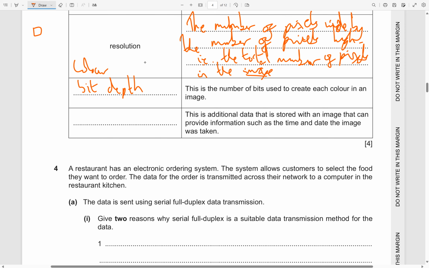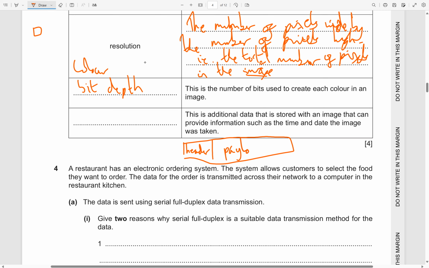Then the last one is additional data that's stored with an image that can provide information such as the time and date that the image was taken. This is not just for images, it's a lot of file formats. As well as the actual data, first you're going to have the header. Here we can call this data.